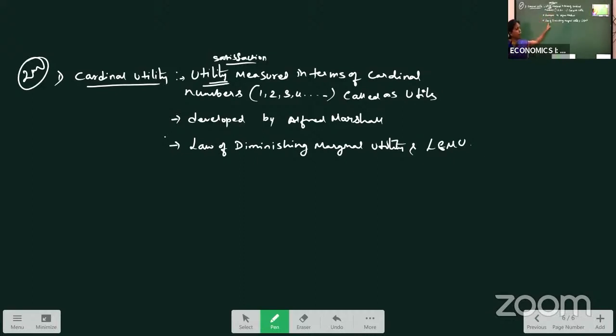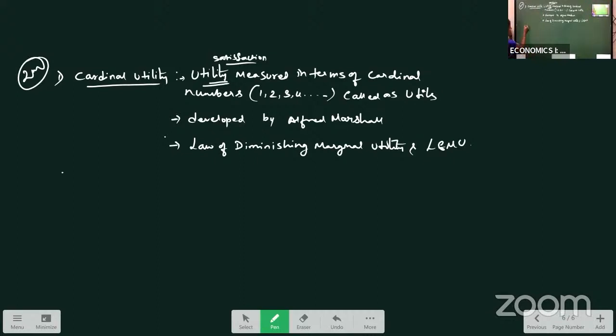This approach was developed by Alfred Marshall, who is the father of modern economics, and the law of diminishing marginal utility and the law of equimarginal utility are derived from this cardinal approach. Means they are based on cardinal utility. So this is how we have the cardinal approach, where our satisfaction is measured in cardinal numbers.